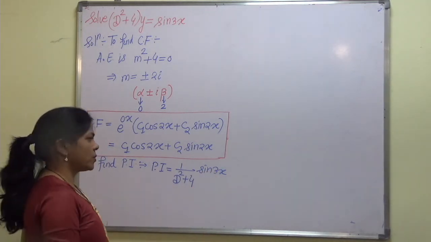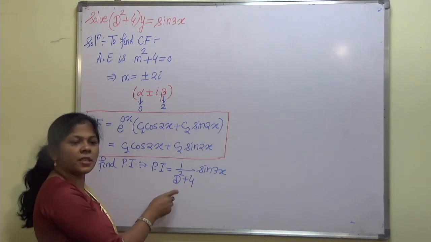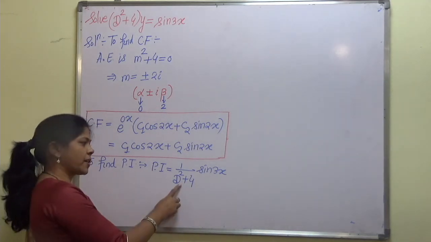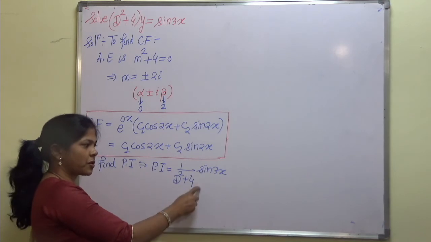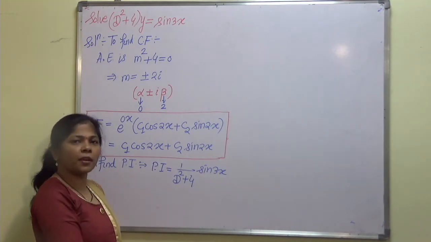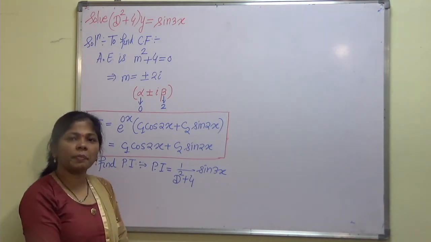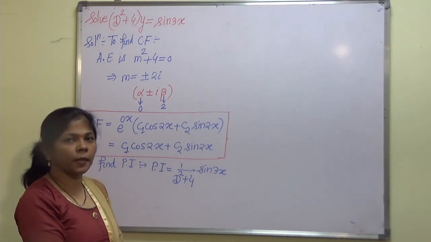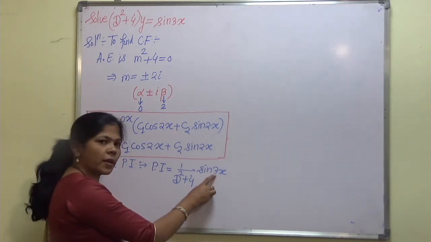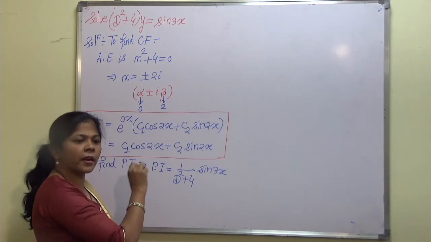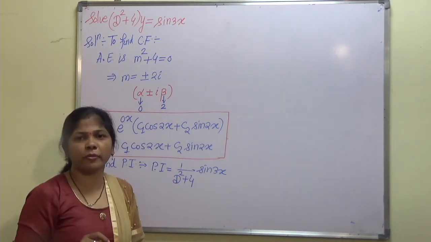First identify whether the term of D square is there or not. Yes, we have a term of D square, so it is a function of D square. Once we get a function of D square, replace D square by, first take a square. What is a? A is 3. So a square, and just write a minus sign before that.